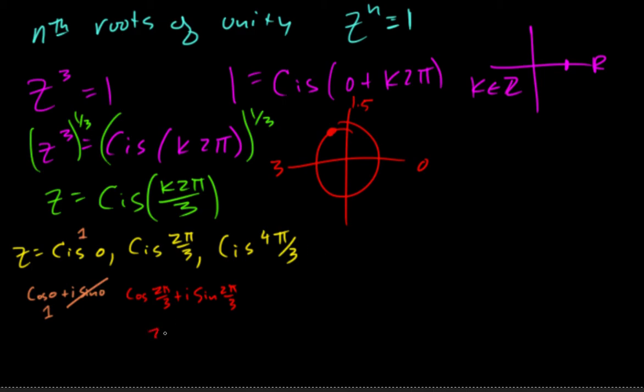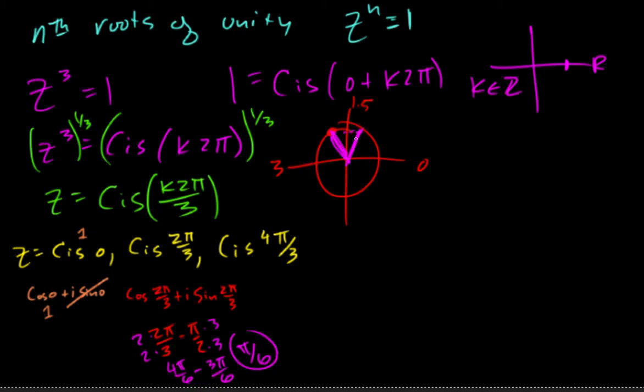And so if we take 2 pi thirds minus pi halves, common denominators, so that's 4 pi sixths minus 3 pi sixths, so that's pi sixths. And so it's our first rotation, which is symmetric with this one, which is 1/2, square root of 3 halves.